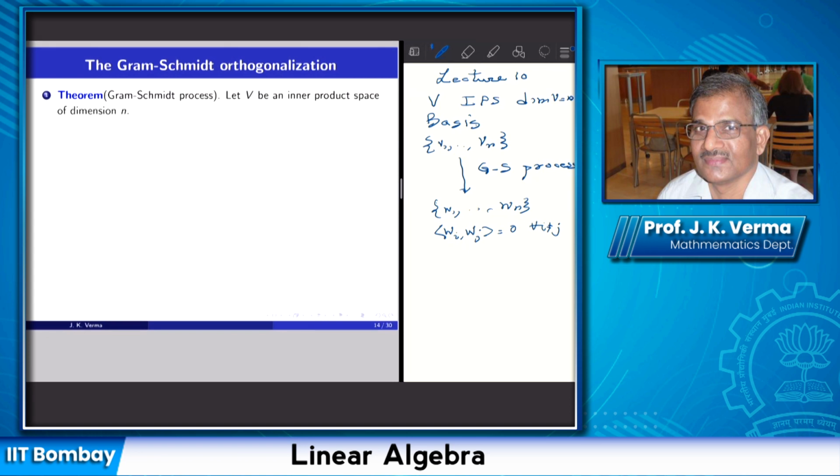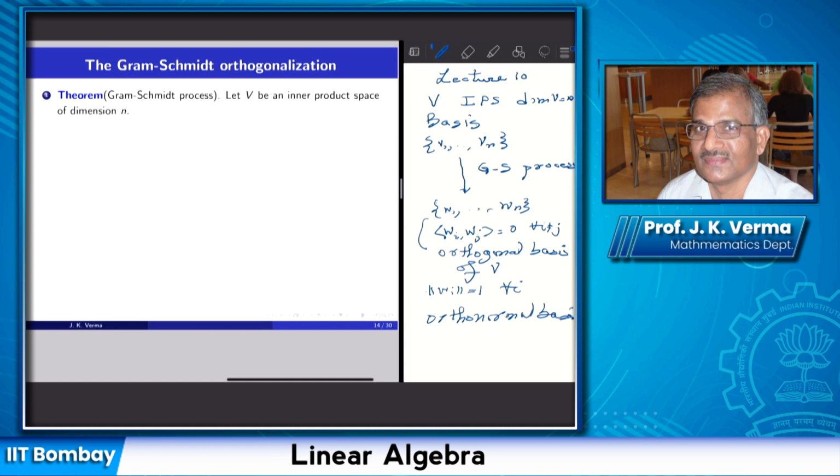So whenever this condition is satisfied, that is, the vectors in this basis are mutually perpendicular, this is called an orthogonal basis of V. And if in addition the vectors have unit length, then this basis is called an orthonormal basis.